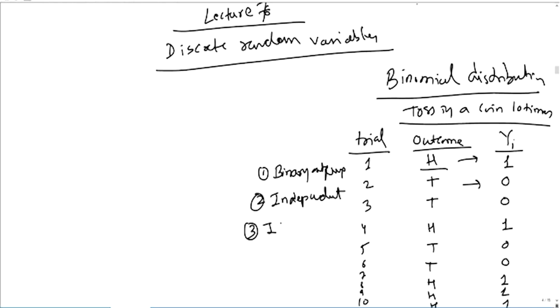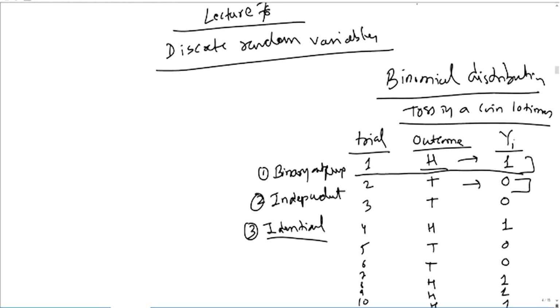The third property is that they are identical. How are they identical? Well, you are tossing the same coin 10 times. So the coin is identical. What does that mean? It means that the generative process that is in action for producing y1, basically the first trial outcome, the same generative process is there for producing the second trial outcome, right?